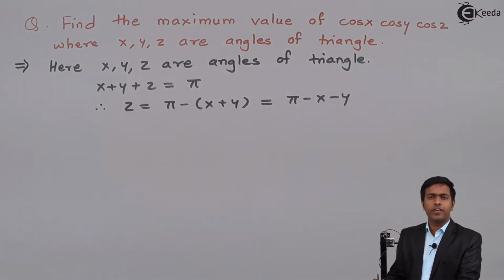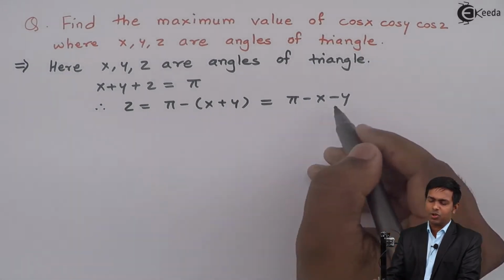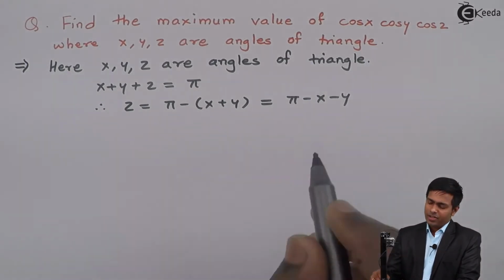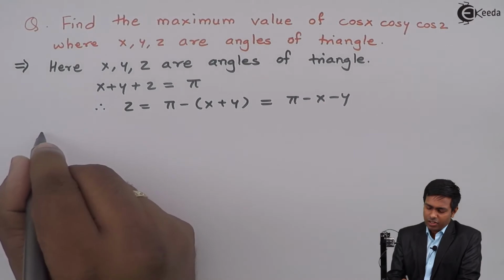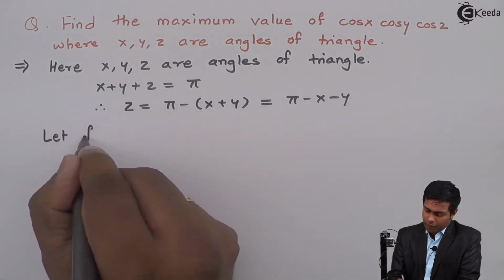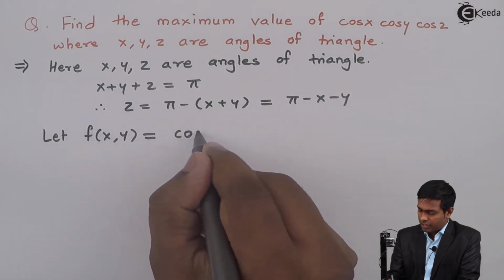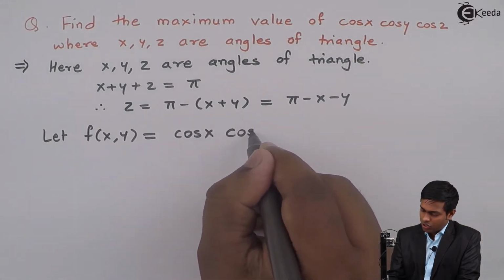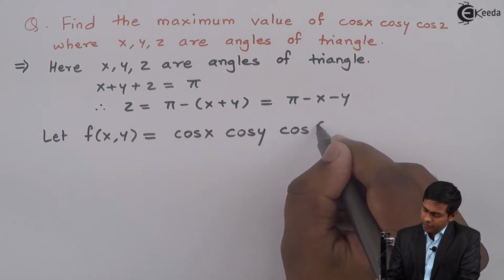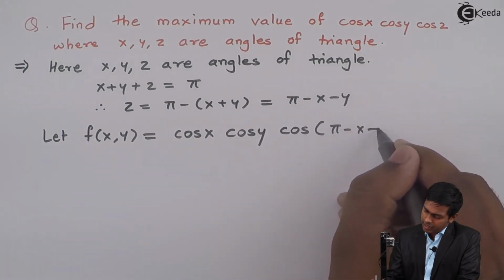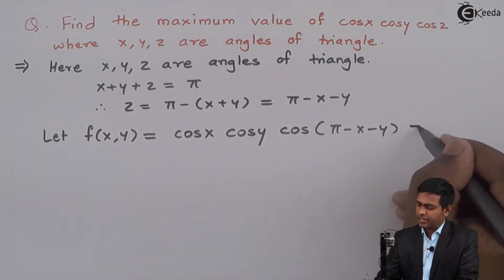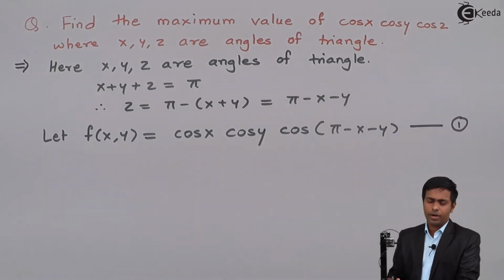So here we got the value of z in terms of x and y. Now we'll consider the given function. Let f of x comma y be equal to the given function, that is cos x, cos y and cos z, where z is pi minus x minus y. I'll say this is equation number 1.